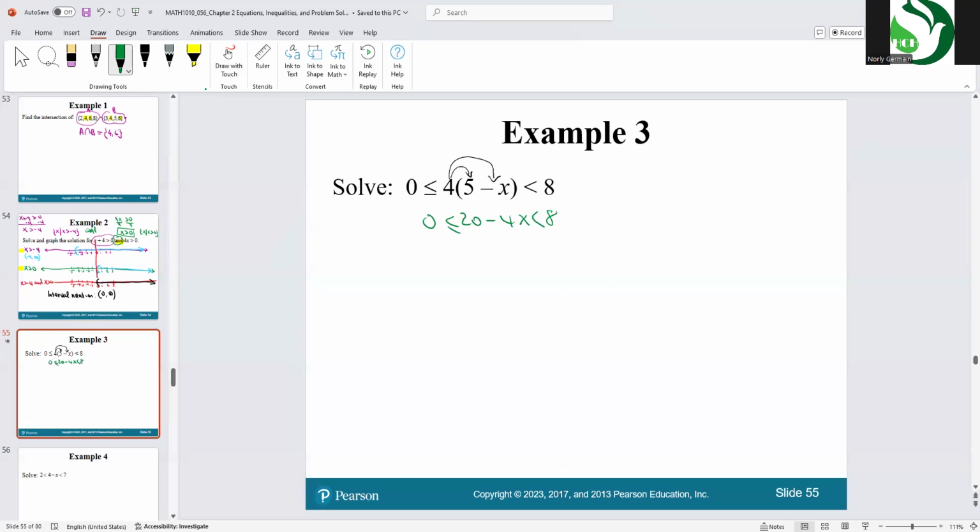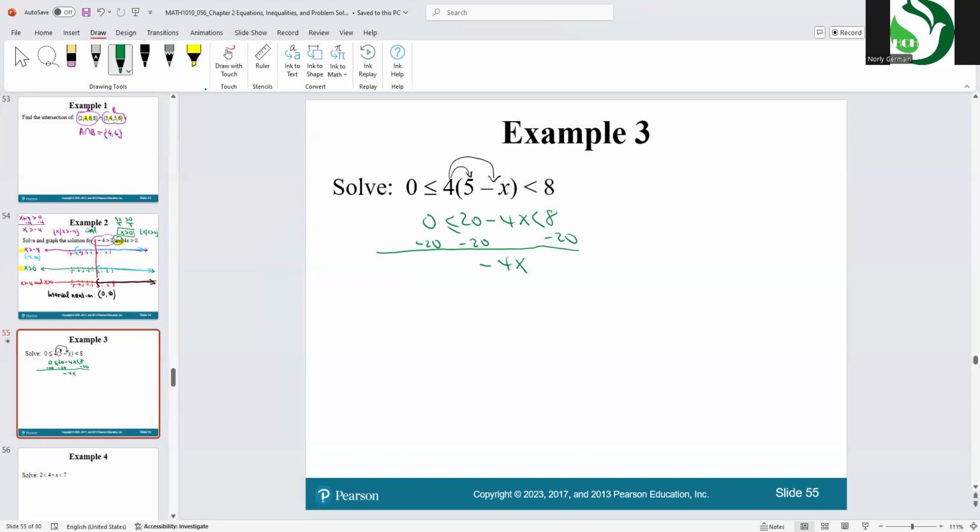Now, after I do that, I need to isolate x. I need to make sure that x is all by itself. So what we're going to do here is subtract 20 everywhere, because we must have only x in the middle. So we end up canceling the 20 in the middle.